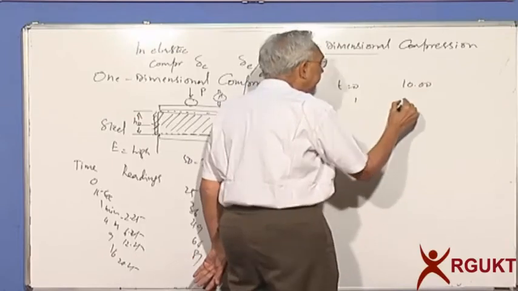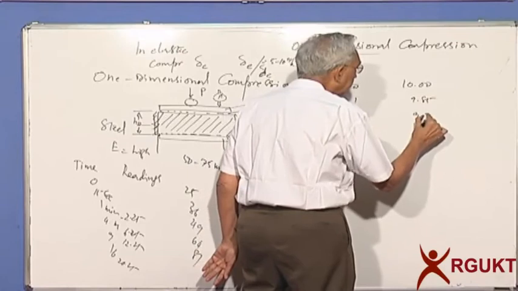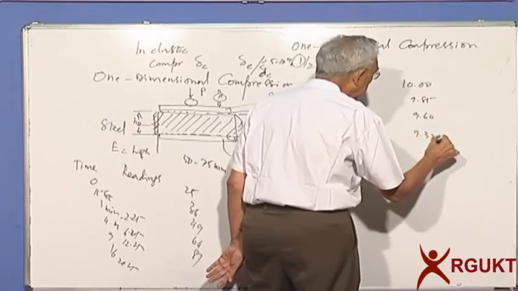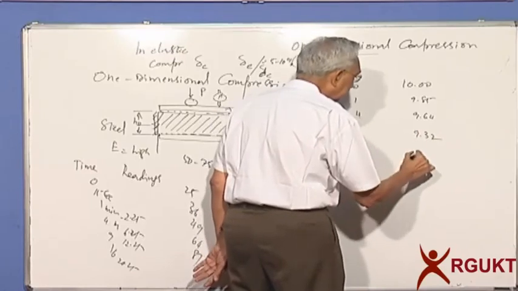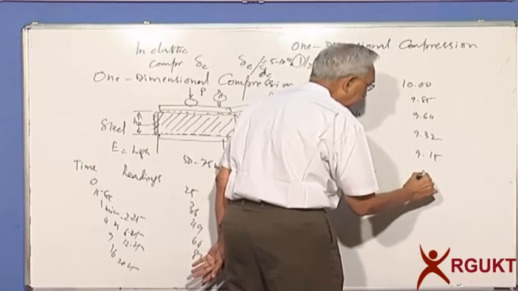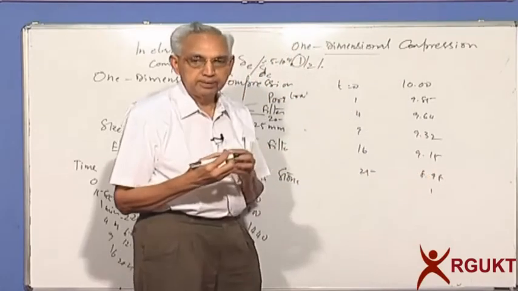So at 1 minute this can become 9.85, 4 minutes 9.64, 9 minutes this could be 9.32, 16 minutes is 9.15, 25 minutes is maybe 8.98, etc. That's how the readings will be on the dial gauge.